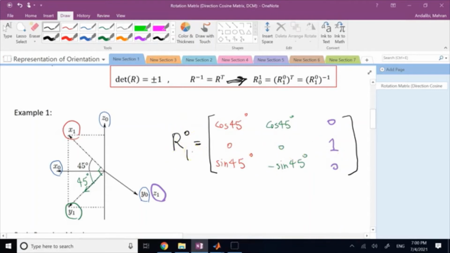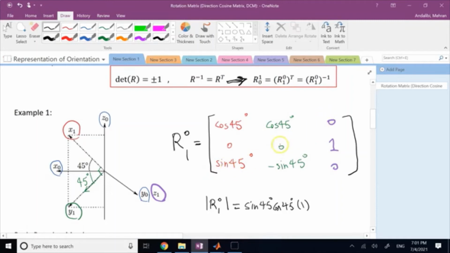So this is actually an orthonormal matrix, and if you know how to calculate the determinant of a 3 by 3 matrix, if I calculate the determinant of R0,1 using Sarrus's rule, that is 0, this is 0, you are going to get sine 45 cosine 45 times 1. And then, that's 0, 0, 1, good.